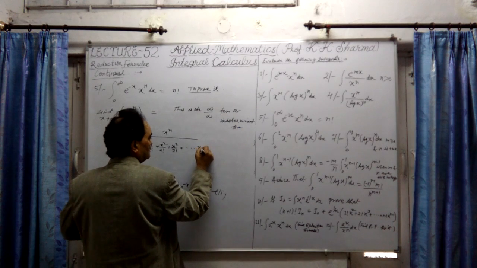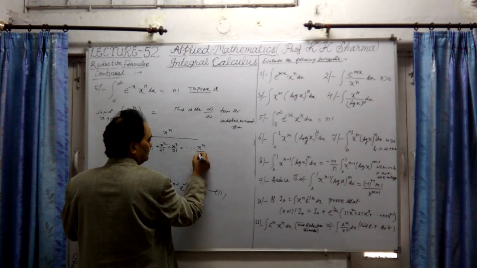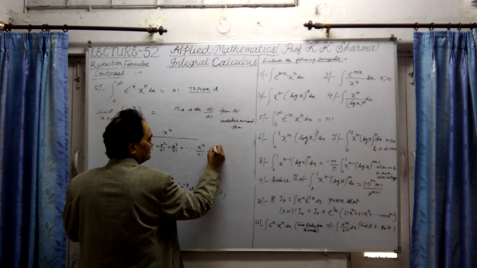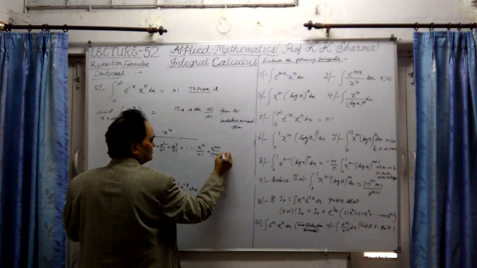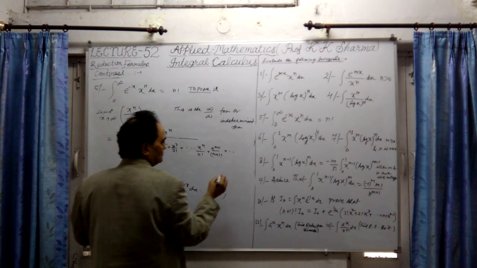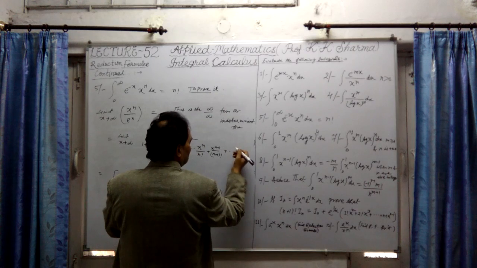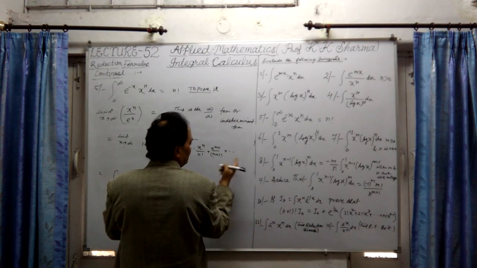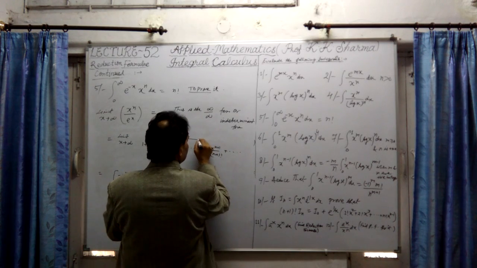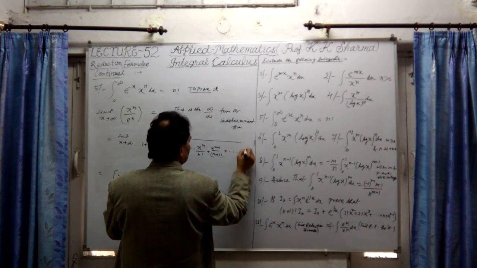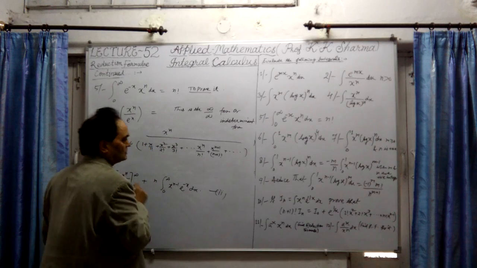It is x raised to the power n upon factorial n, plus x raised to the power n plus 1 upon factorial n plus 1, plus and so on. So these are infinite terms, the series goes up to infinity.